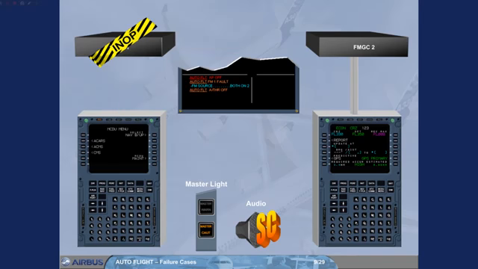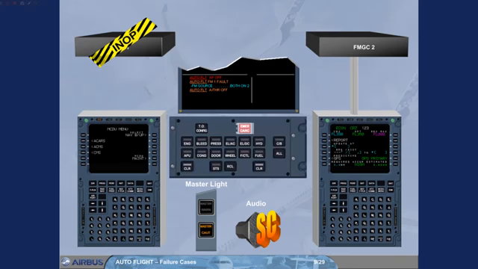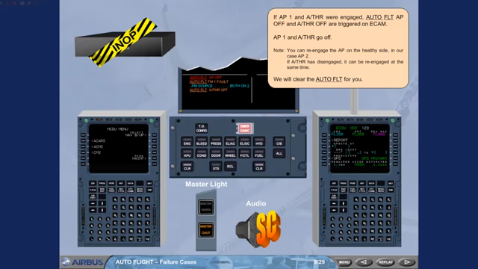AP1 and auto thrust go off. Note: you can re-engage the autopilot on the healthy side, in our case AP2. If auto thrust has disengaged, it can be re-engaged at the same time. We will clear the Autoflight for you.